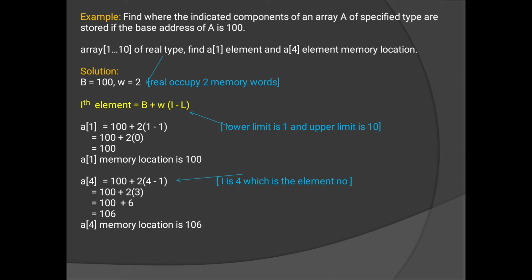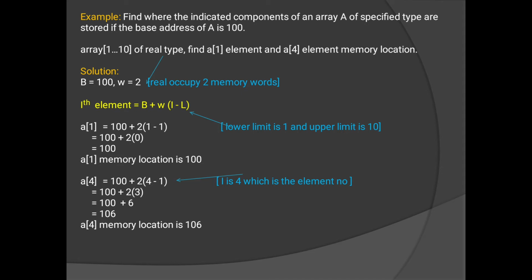We have to find the memory locations of A1 and A4. The array runs from A1 to A10, so you have 10 array elements, A1, A2, A3, A4 till A10, all of real type.